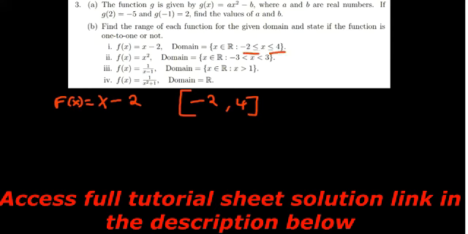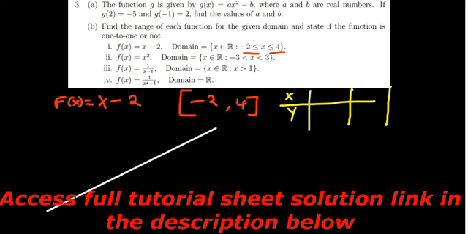Now, if you want to answer these questions very fast, you would want to come up with a table of values. The kind of function we have is a linear function. Now the way a linear function behaves is this. If I was to sketch one, it would be something like this or something like that.